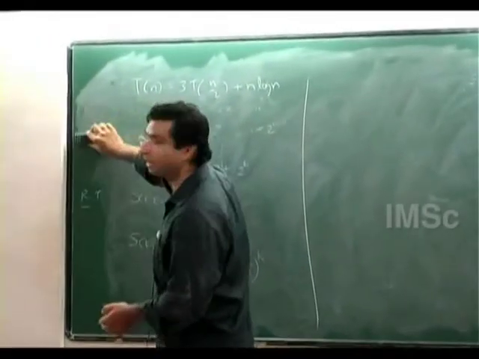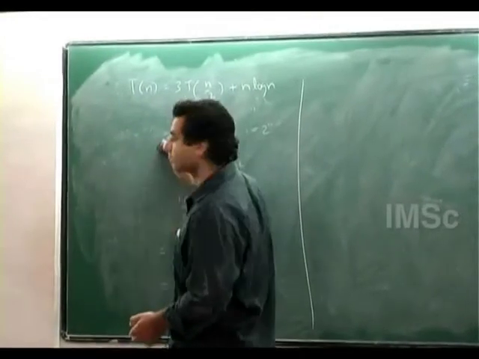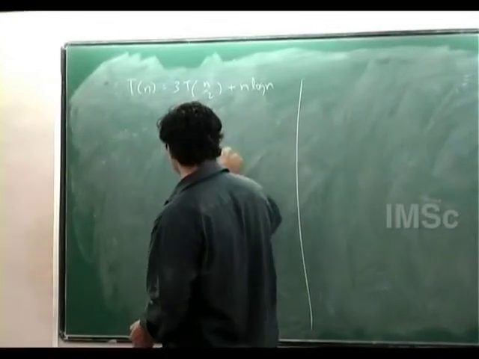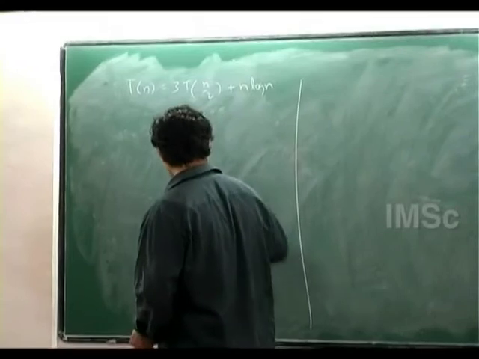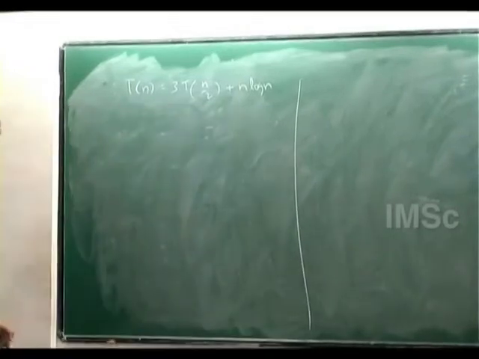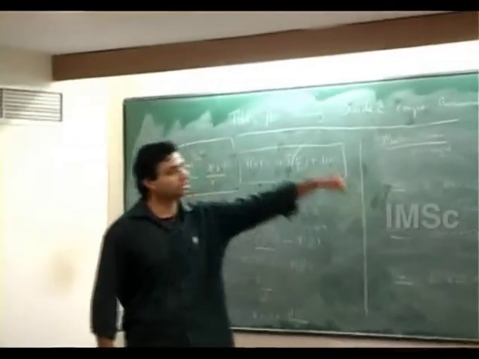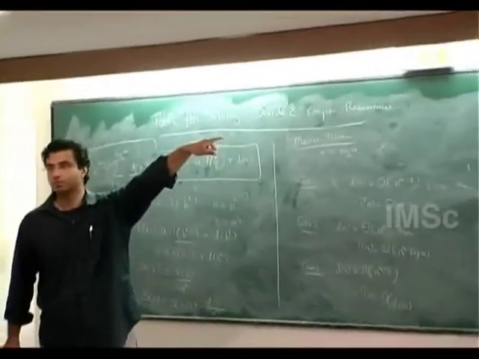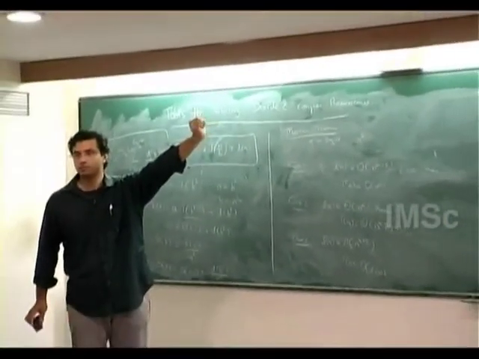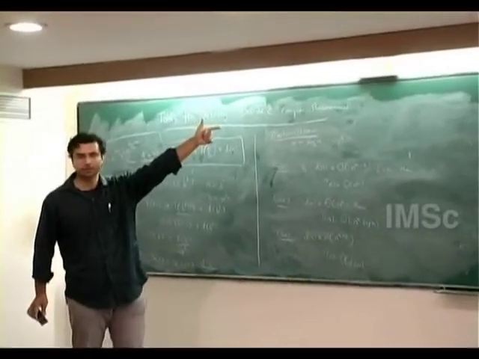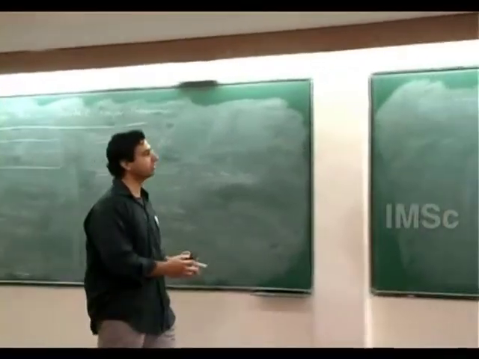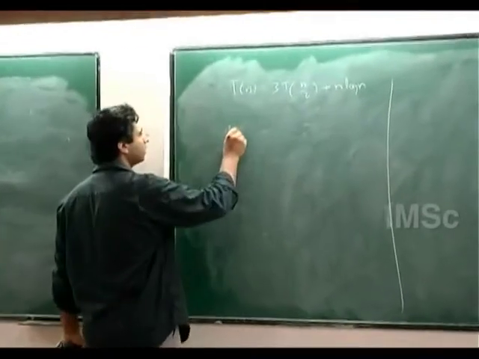Can I apply master theorem if my recurrence is of that form? I can't. Why? Because the driving function is n log n.